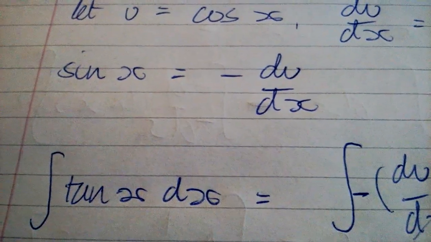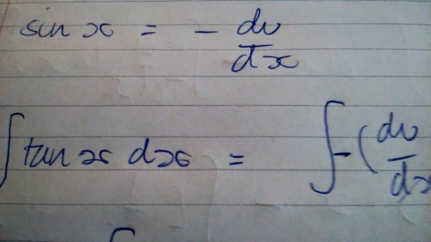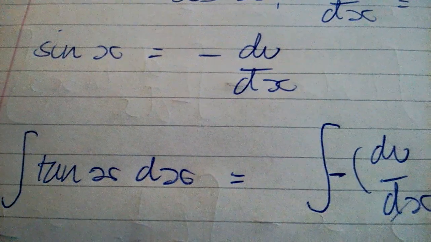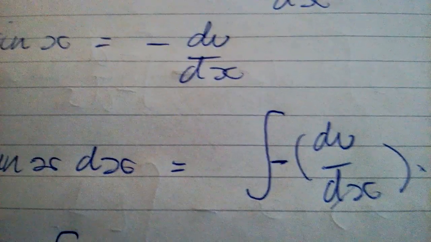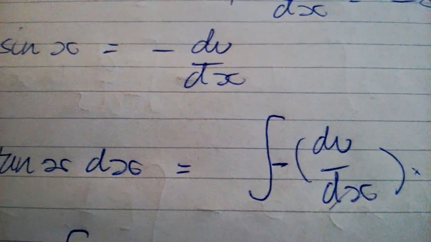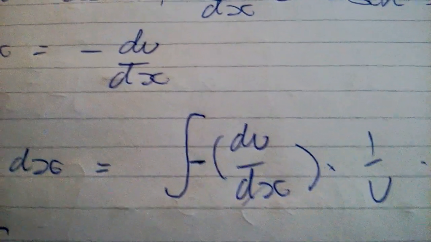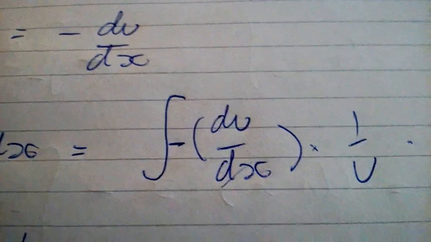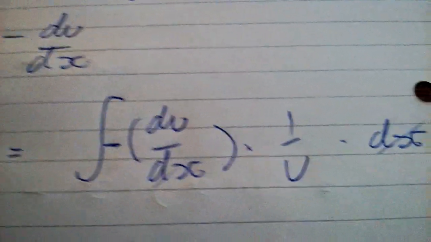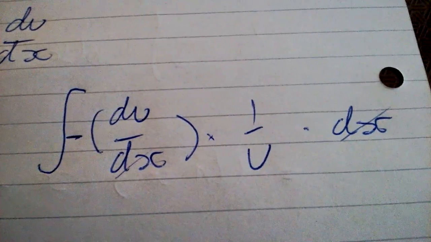So if I go back to the integral of tan x dx, the top part, which is the sine x, is just minus du by dx. Because I'm dividing by cos x, that's just dividing by u. So the integral then is minus du by dx times 1 over u with respect to x.